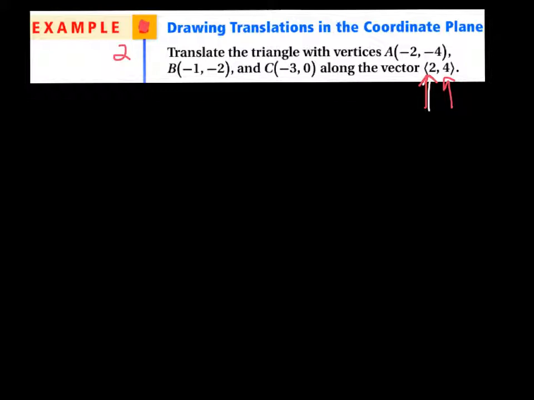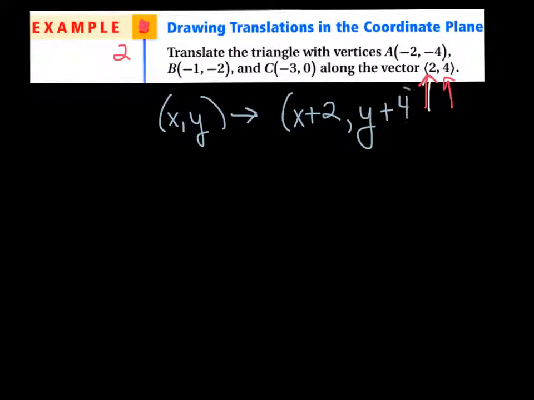So all this means is that xy is going to go to x plus 2, since we have a positive change of 2 in x, and a vertical change in y of plus 4.